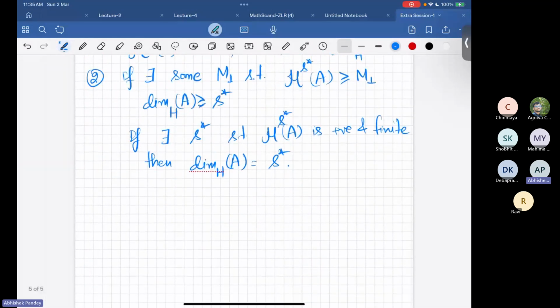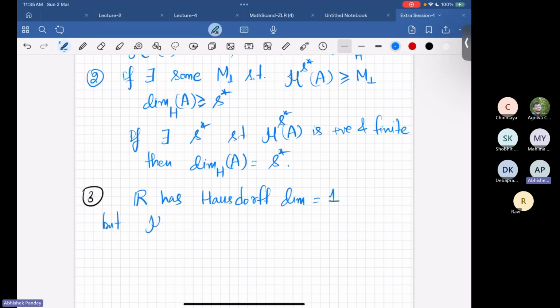So we can talk about just a small example. This set of real numbers has Hausdorff dimension equal to 1, but the 1-dimensional measure of R is basically infinity.